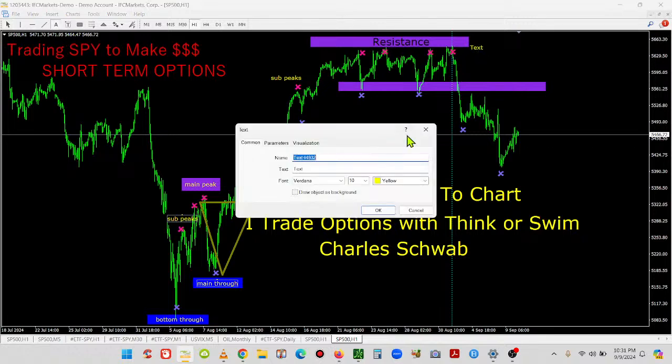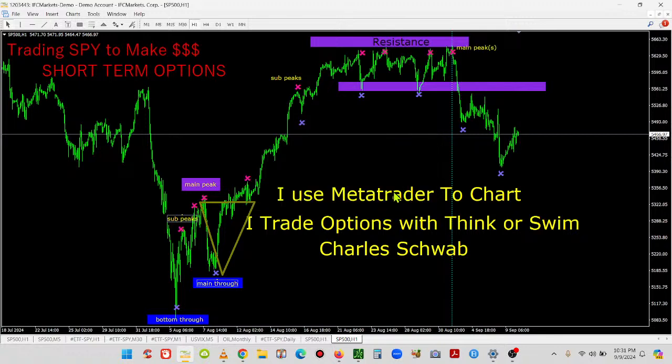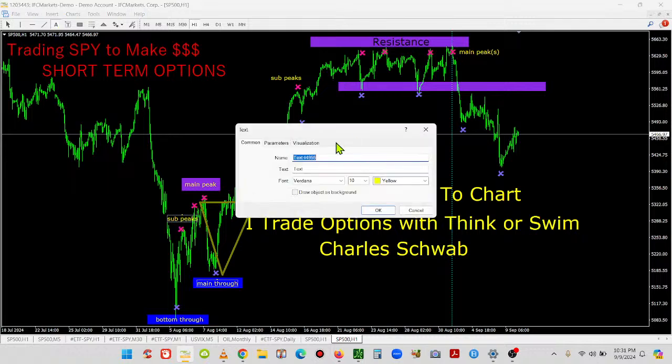And remember, we have our main, okay, we're just going to call all of those main peaks because I said so. All of those are main peaks at that level. And all of these are main troughs.